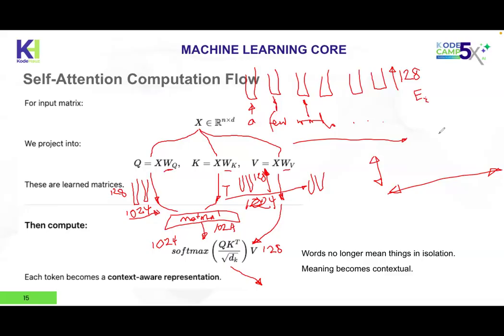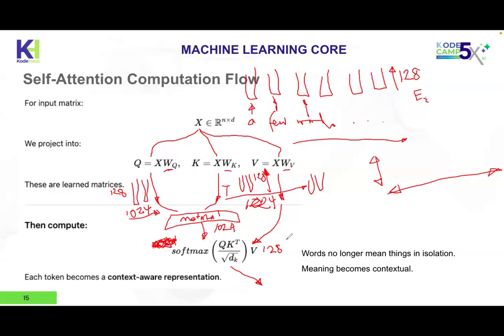So you're going to end up with 128 by 1024, and when you transpose this, it becomes 1024 by 128. So what you have here, I think I missed this, is actually going to be sequence by sequence. We'll look at the numbers in detail later on.